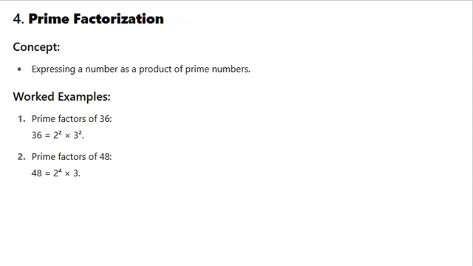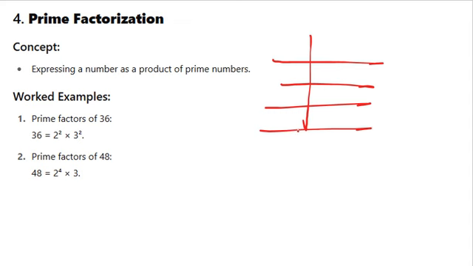Prime factorization is expressing a number as a product of prime numbers, as a product of prime factors. Normally some people do the prime factorization in a ladder method. I think you're familiar with that.